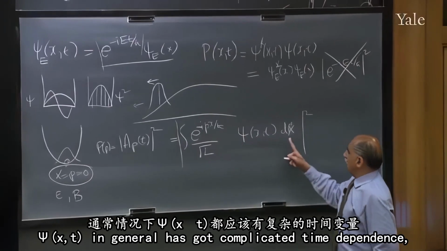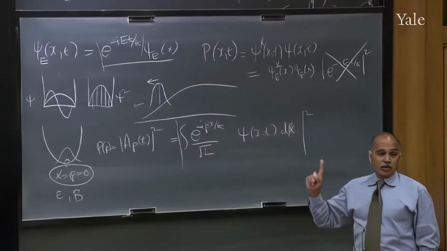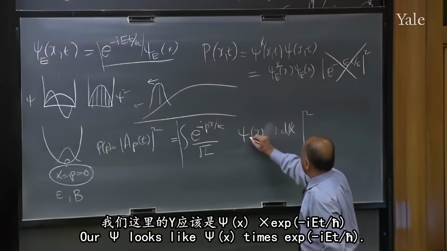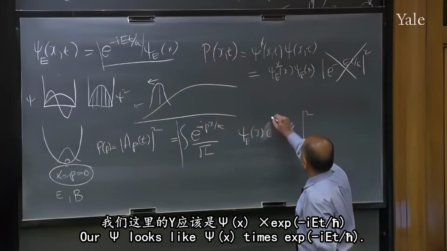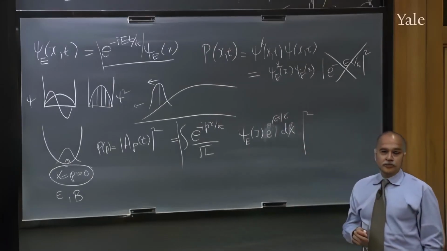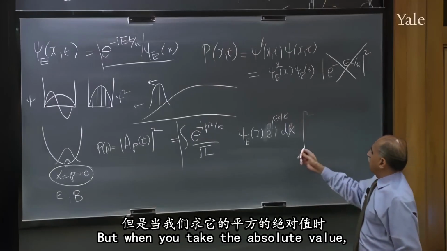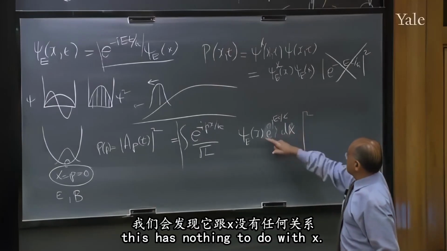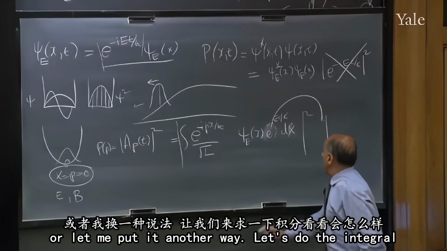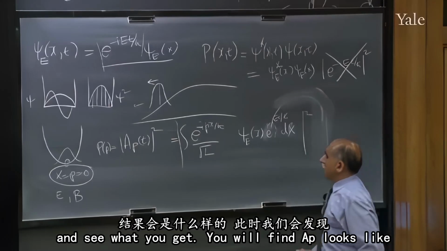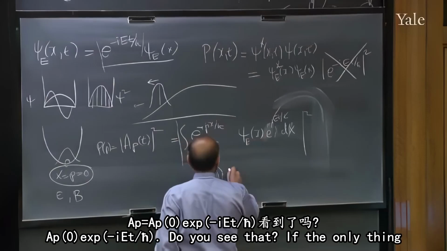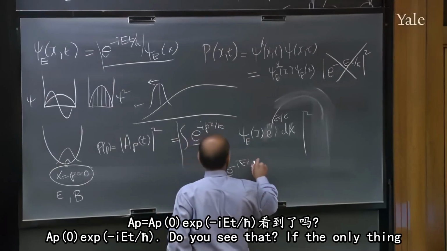Psi of x and t in general has got complicated time dependence, but not our psi. Remember our psi? Our psi looks like psi of x times e to the minus iEt over h bar. But when you take the absolute value, this has nothing to do with x, you can pull it outside the integral. Or let me put it another way. Just do the integral and see what you get. You will find a of p looks like a sub p of 0 times e to the minus iEt over h bar.